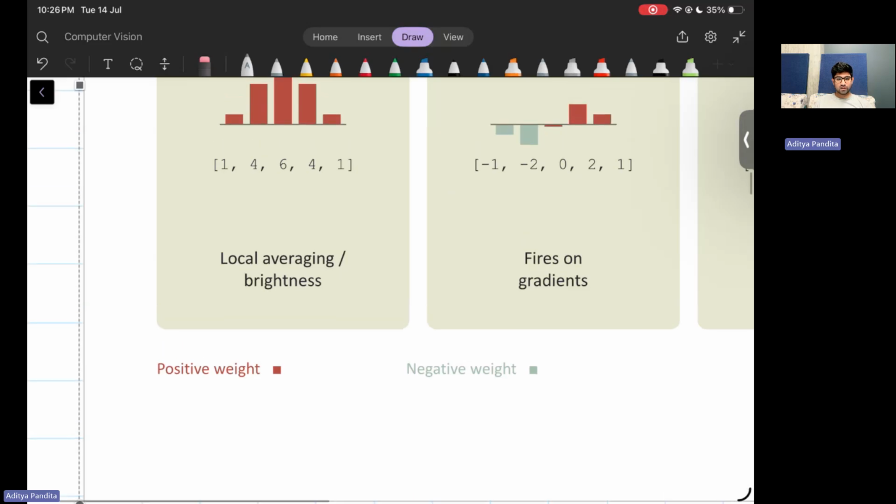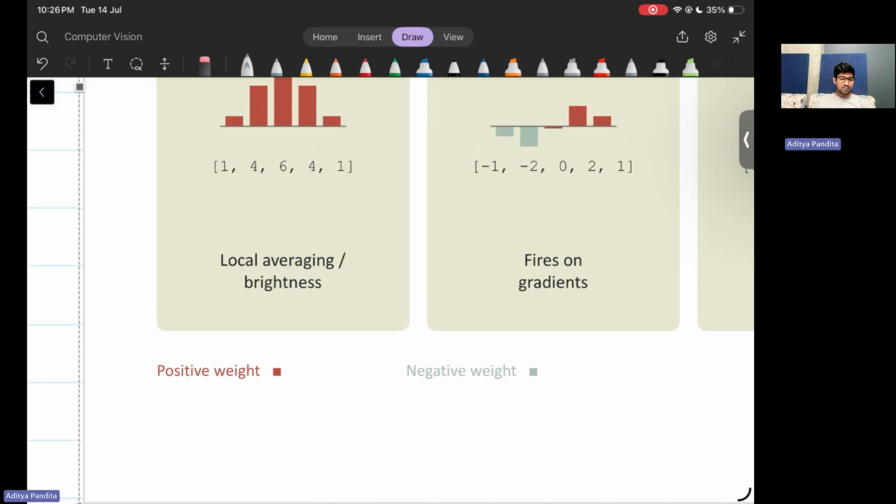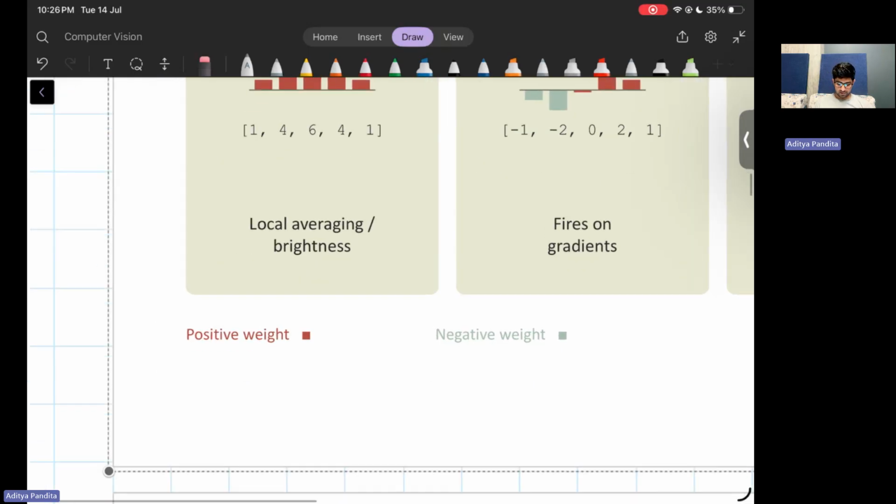This is the only kernel that responds to a flat constant brightness, which means it measures brightness and not texture like our other 1D kernels.